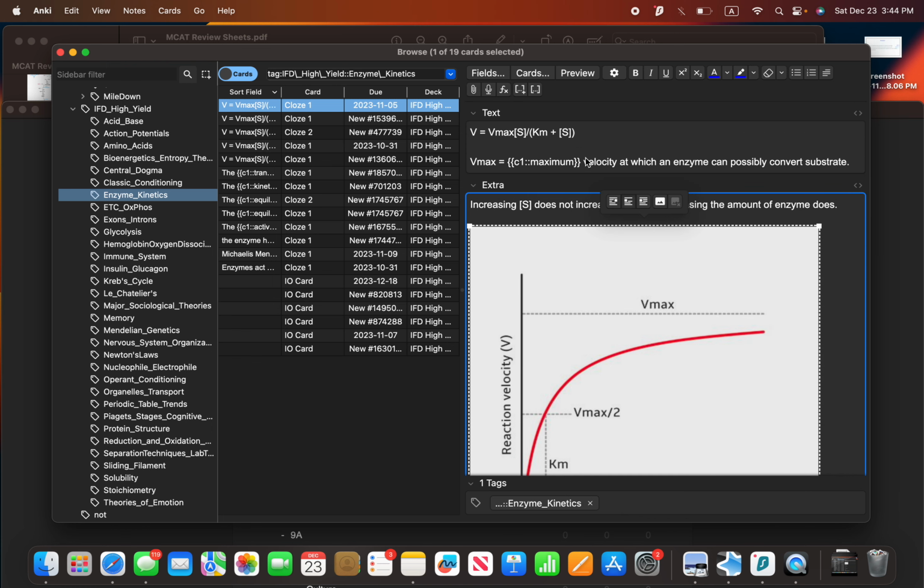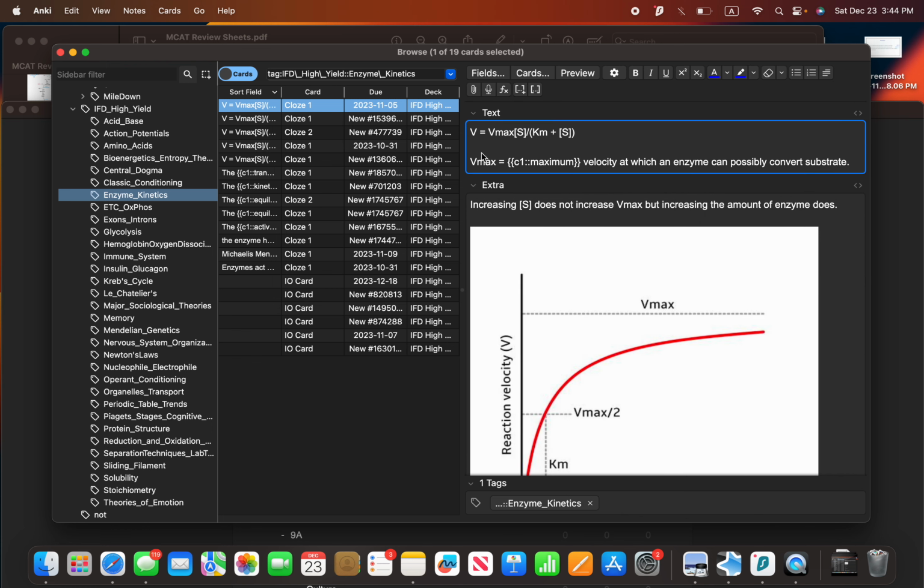Amazing. So the reaction velocity equation is Vmax times the substrate concentration over Km plus the substrate concentration. How did they come up with this equation?